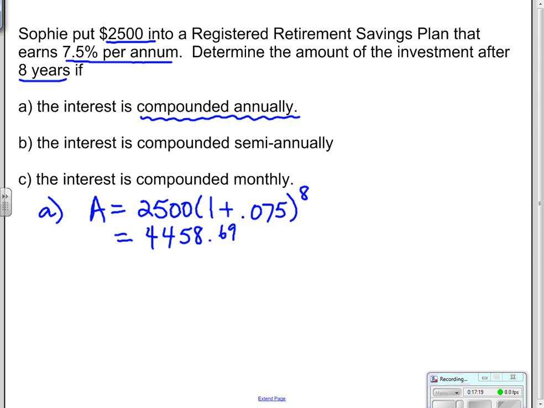B, the only thing that changes is that the interest is compounded semi-annually. If you go back to the table at the front, then 2 things change. If it is semi-annually, then the number of compounding periods change. N is no longer just 8 years, but it's 16 calculations.